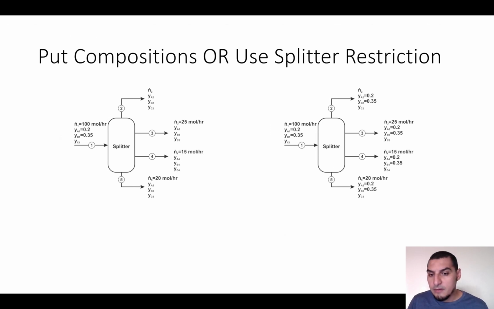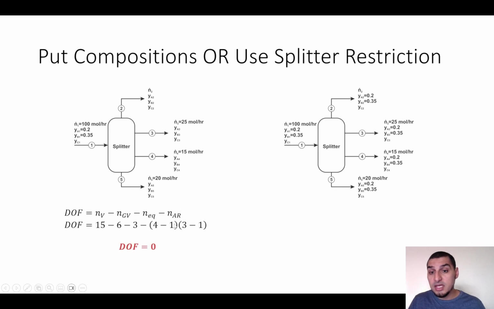So this is one other option, but I want to go into more detail regarding this solution. So let's compare the degrees of freedom for case 1 and case 2. In case 1, we add the splitter restriction here as an additional relation, and the degrees of freedom is 0. However, for the other case, we still have 15 variables: 3 times 5, we have 5 streams, each containing 3 components, so you have 15 variables.